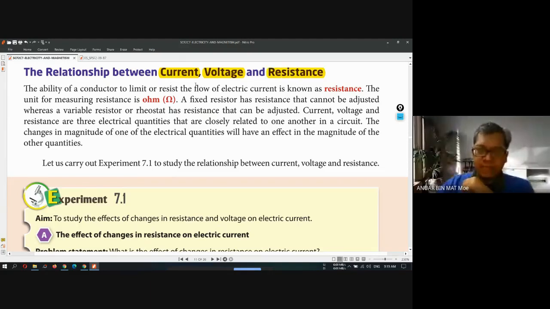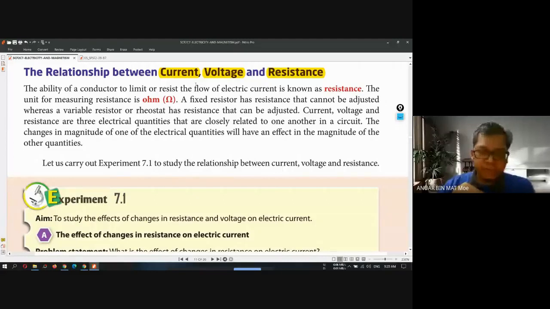The important thing, because last time we already learned what is current and what is voltage, how to measure current and voltage, and the meaning of current and the meaning of voltage. If the question asks you what is the current, what is the voltage, it is one of the quantities.